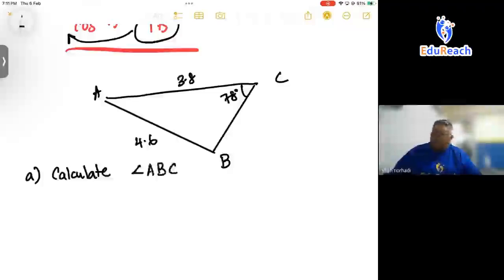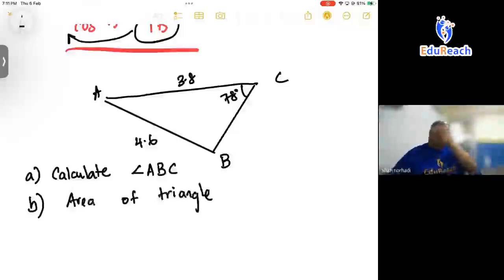And then this is part B, area. Find the area of triangle. Okay, can we do that first? 3.8. Yeah, we got 3.8, 4.6. Okay. This is in meters. Okay. Try that.